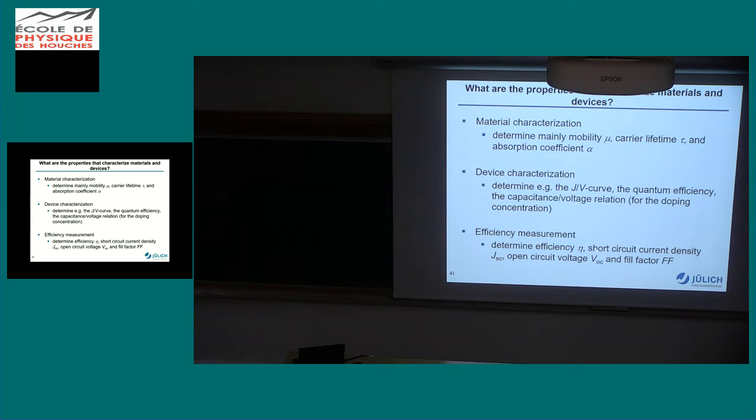That's short circuit current density, open circuit voltage, and the fill factor. So it's easy to get a high efficiency if you just measure the wrong way. That sometimes happens, and it also gets into publications. And I'm not sure whether all the nice perovskite efficiencies that are published are really true within a margin of plus or minus 50% or something like that.